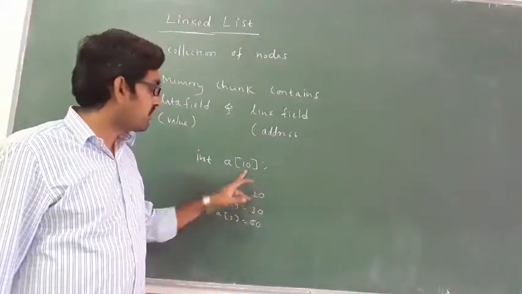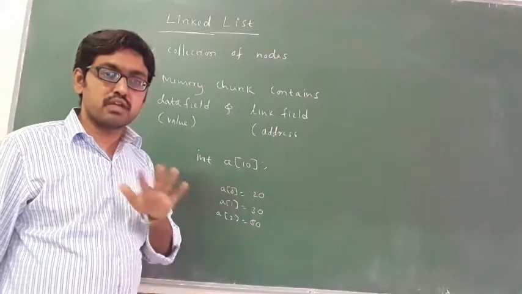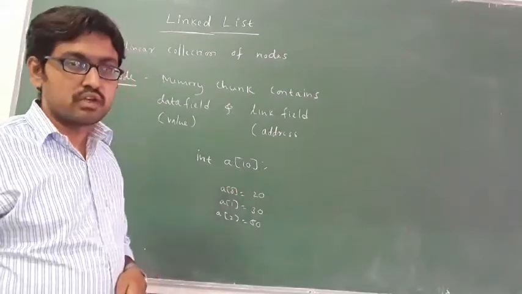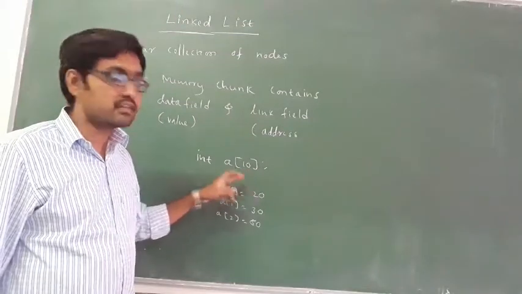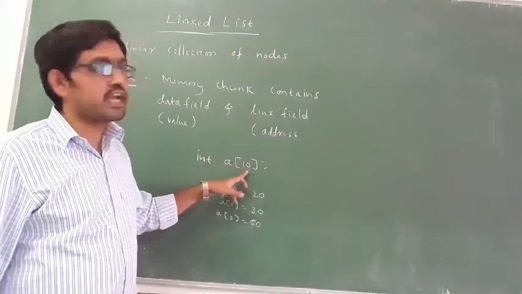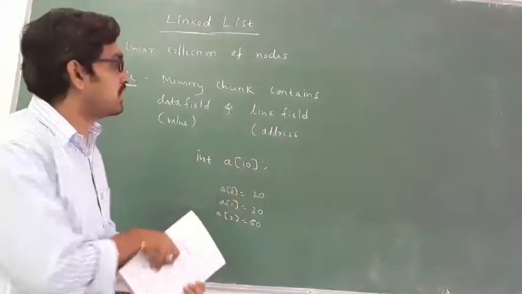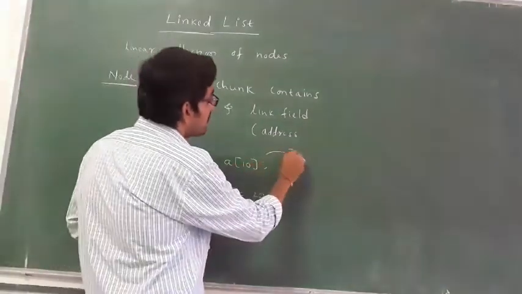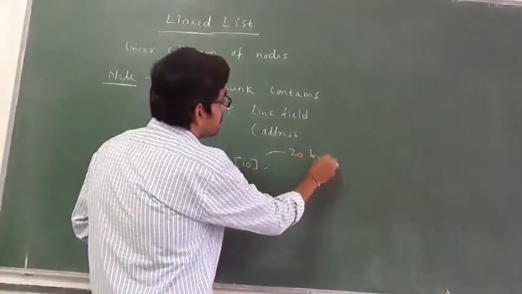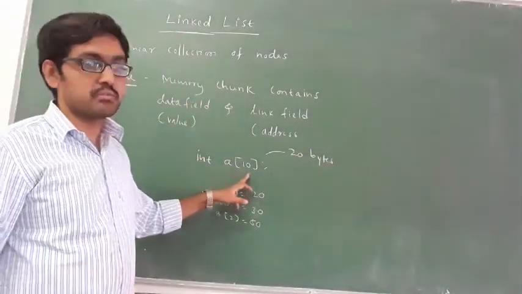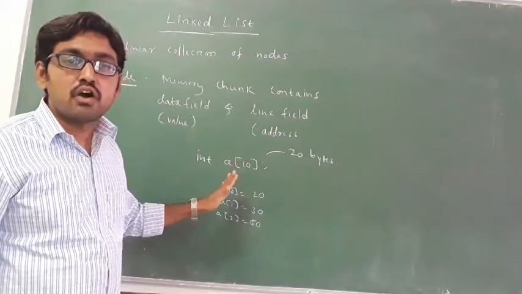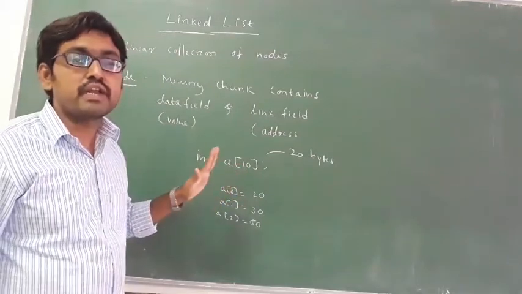For example, in a computer, how many bytes does it occupy? First you have to know how many bytes: int means 2 bytes. 2 into 10, how much? 20 bytes it can occupy. If you give int a[10], it occupies 20 bytes.